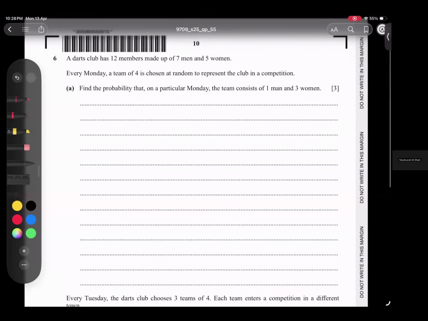Question number 6, students. A darts club has 12 members made up of 7 men and 5 women. Every Monday, a team of 4 is chosen for a competition. Find the probability that on a particular Monday, a team consists of 1 man and 3 women. So what is the planning here?